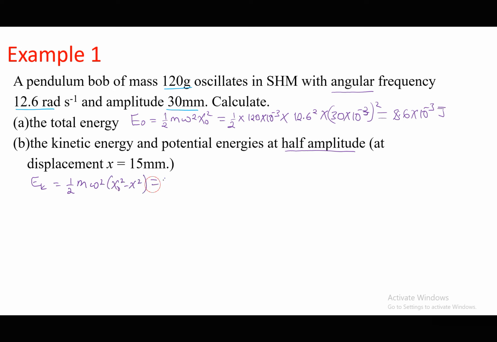And when we substitute, we have a half times the mass, 120 grams, which is 0.12, times omega, which is 12.6, but it is squared, into the amplitude, 30 millimeters, which is 0.03, squared, minus half amplitude, 15 millimeters, which is 0.015 squared.